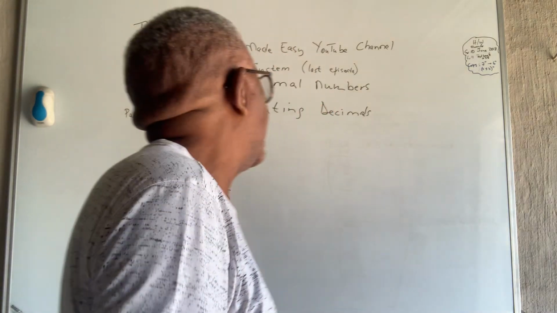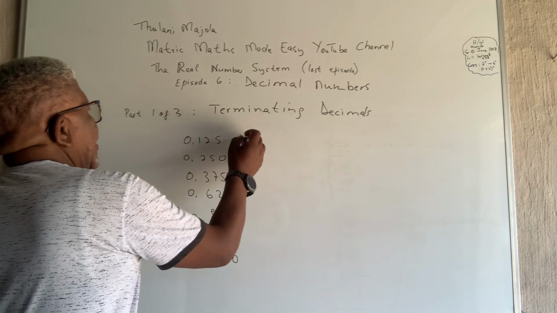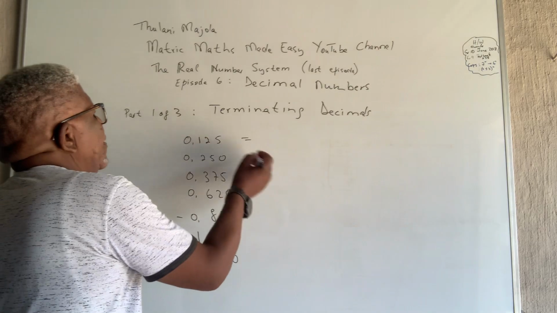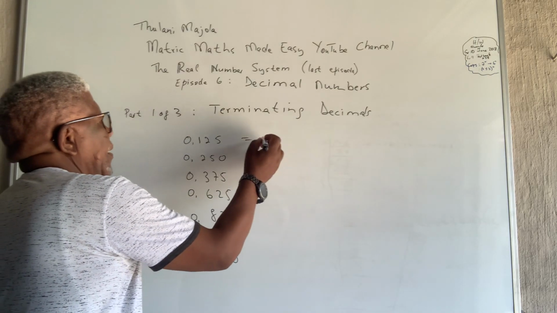Terminating decimals can be represented, first, as a percentage.